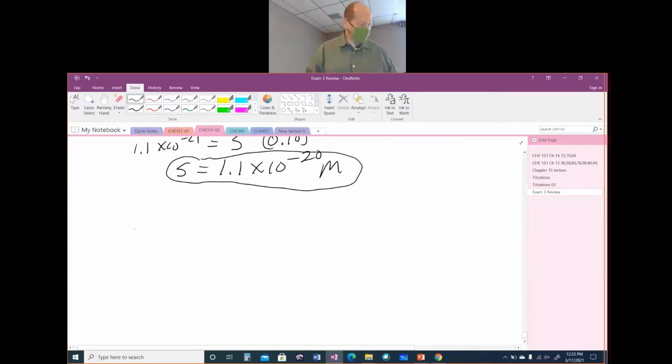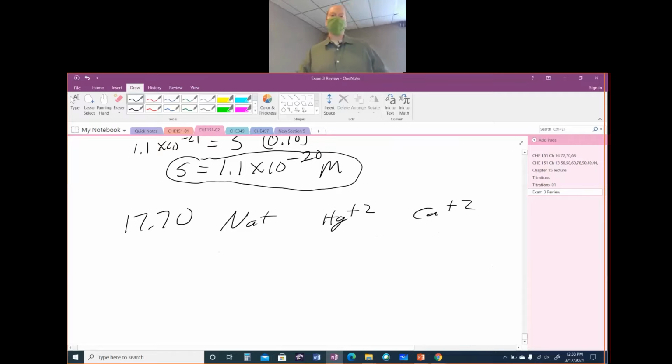Then the last problem in chapter 17 was 17.70. We have Na plus, you got Hg plus 2, and you got Ca plus 2. All right, so on the test, you don't have to know any of them except for group 1.